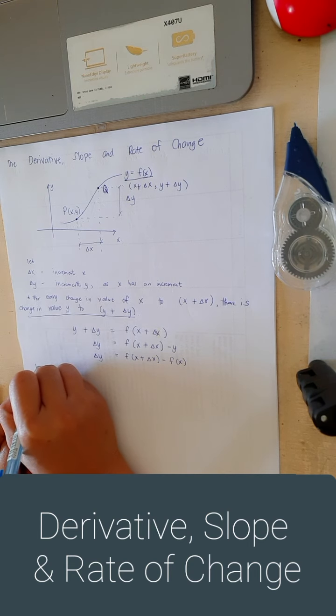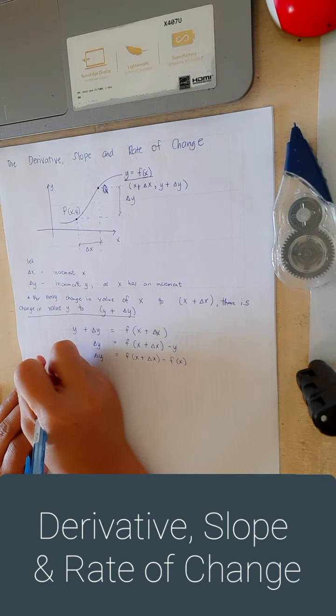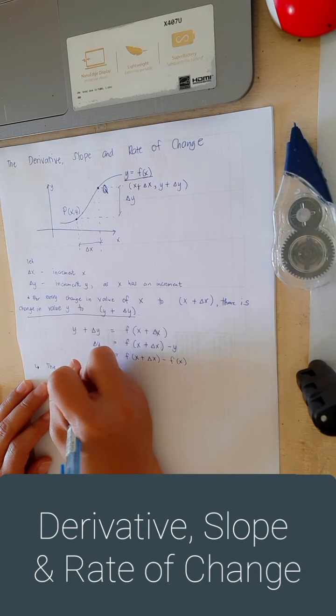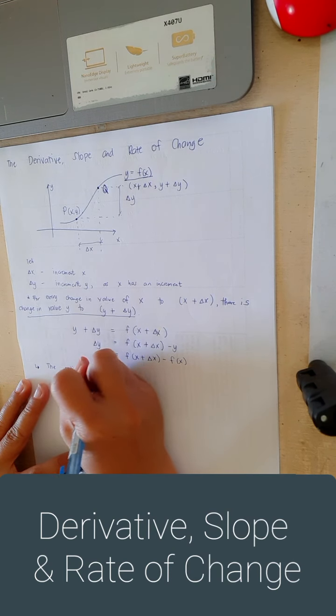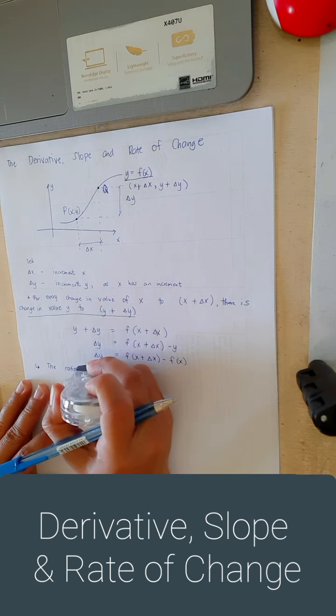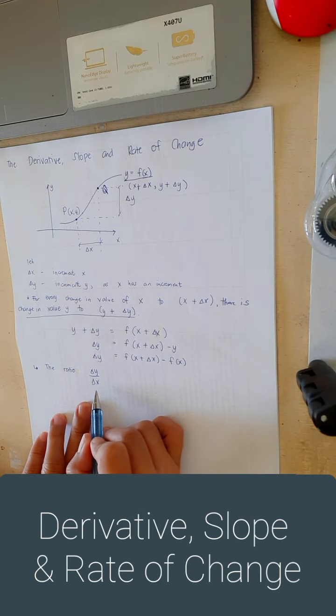So let us recall our slope of the line. If we are going to get the ratio of delta y over delta x, what is this?